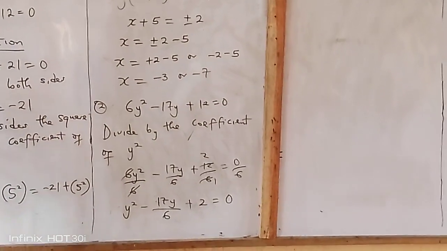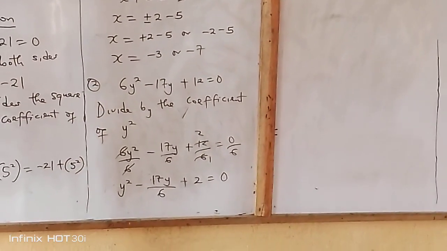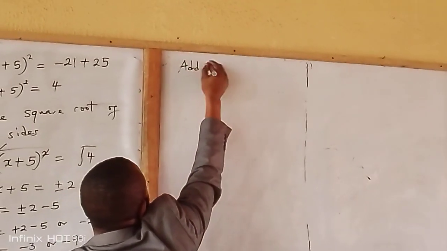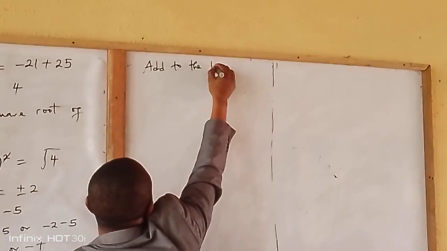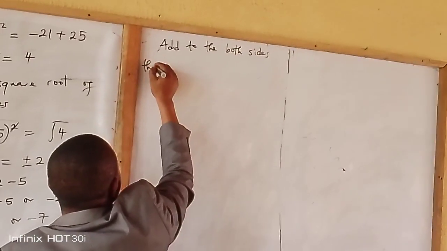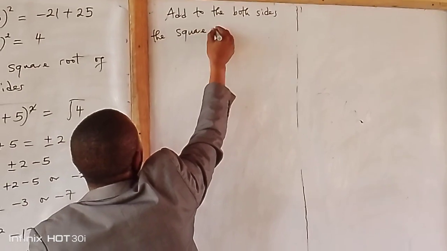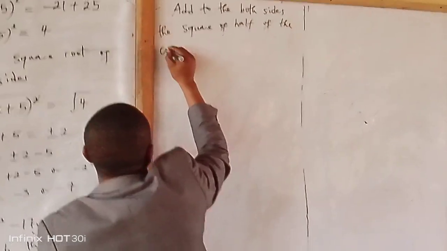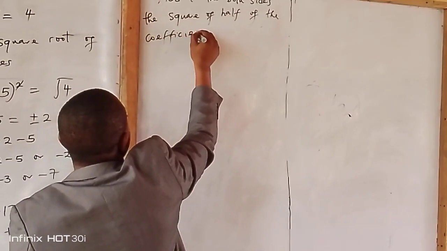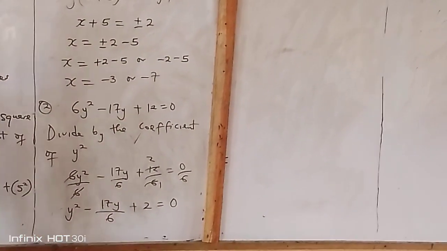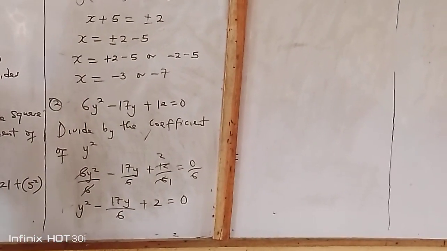which will give us 0. And the next step to take here is to add to both sides the square of half of the coefficient of y. So the coefficient of y here is minus 17 over 6.